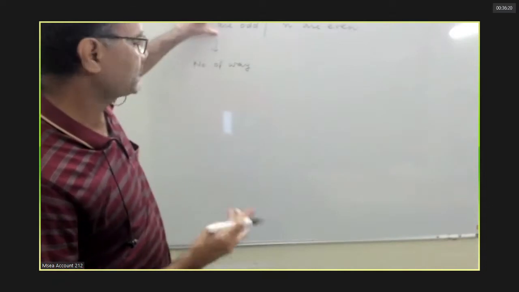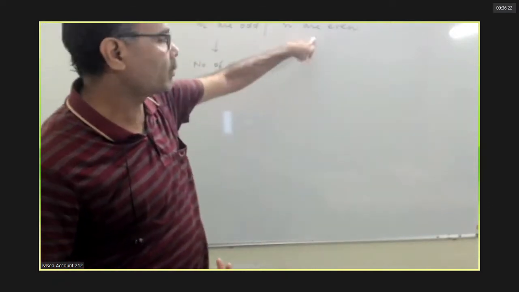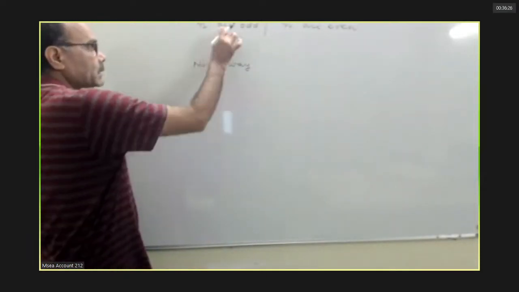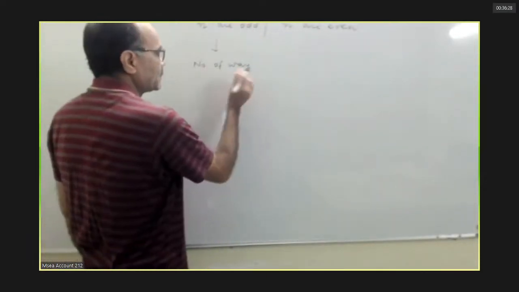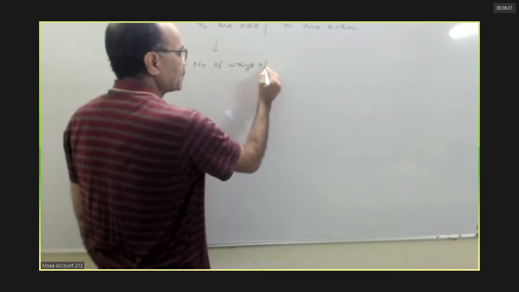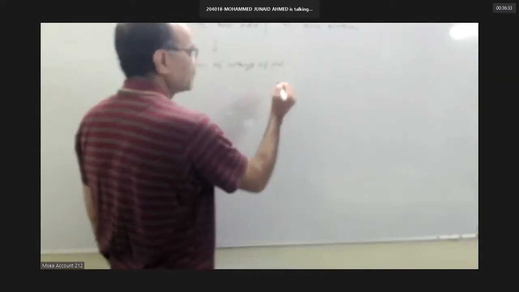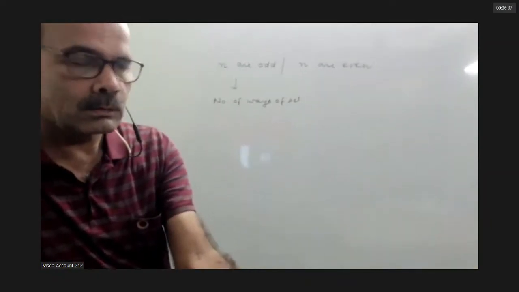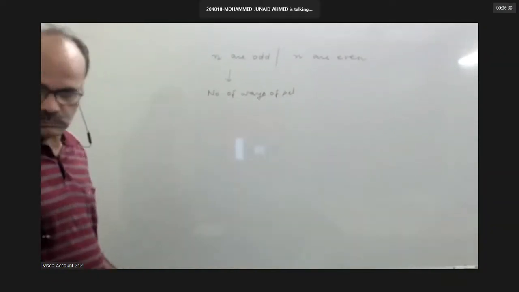Odd numbers 1, 3, 5, 7 like that, and 2, 4, 6, 8 up to 2n. Let us select any 2 from this set.